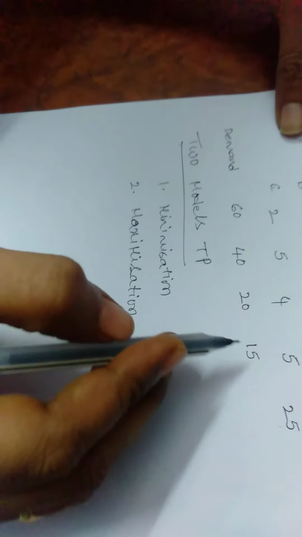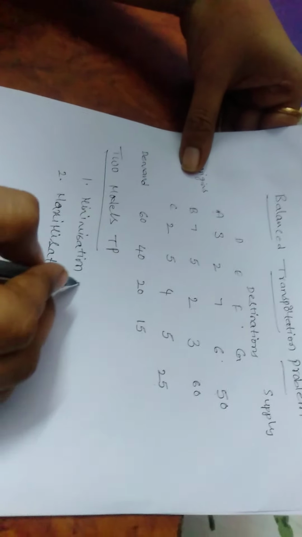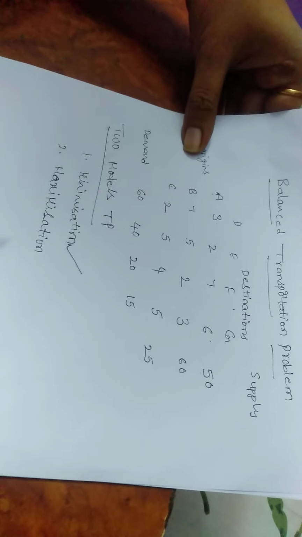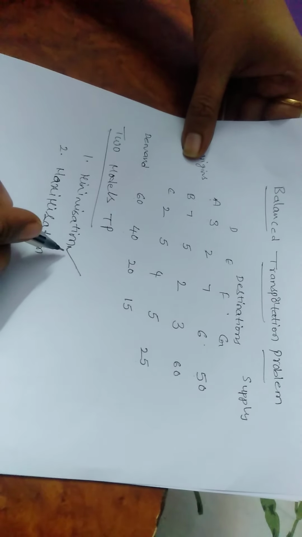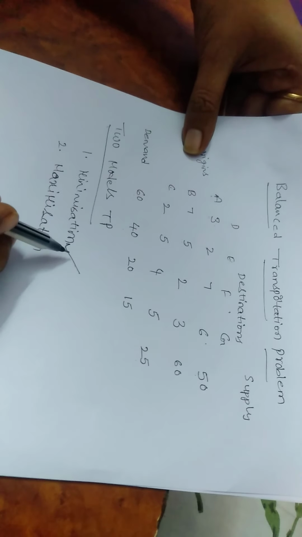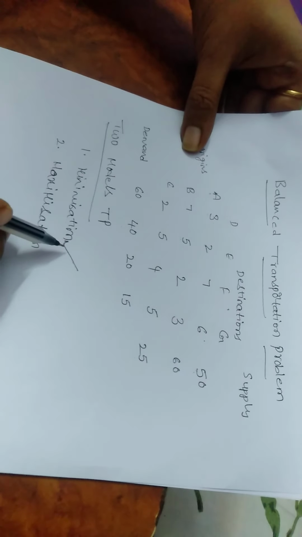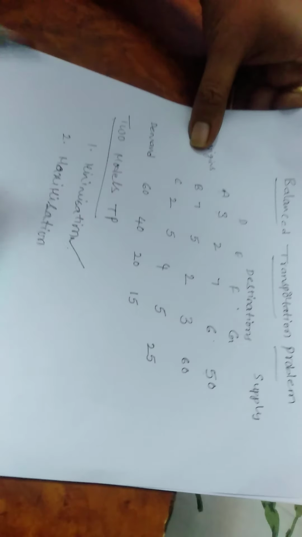And remember, while solving the transportation problem, the problem should always be in minimization model, because the main objective of the transportation problem is to minimize the total transportation cost. That is why the transportation problem is always to be in minimization model.